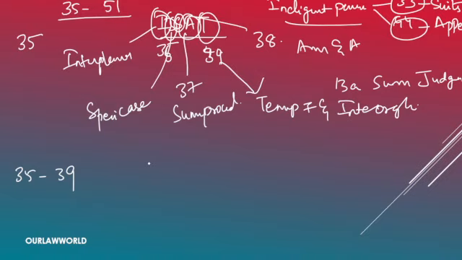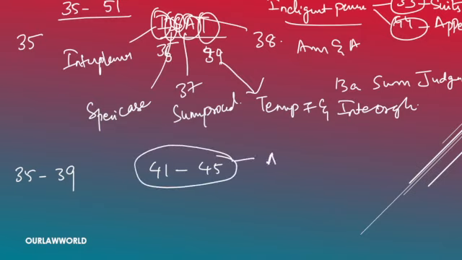Now the rest of the orders which you need to remember are from 41 to 45. These deal with appeals. And here the code word which I am giving is apps. So generally the spelling is APPS, but here you need to remember apps and add just O in front of it.